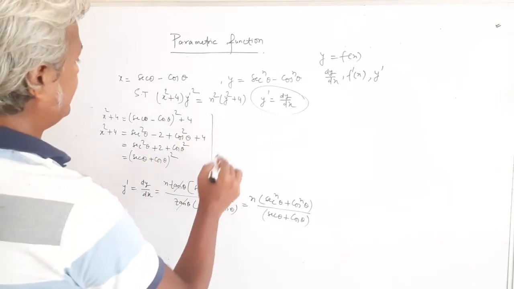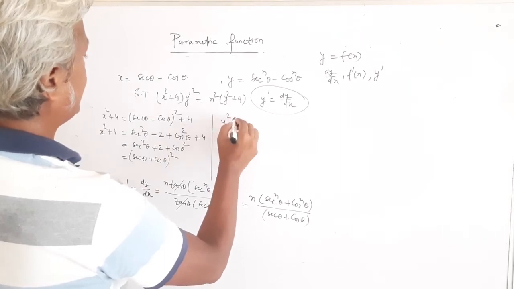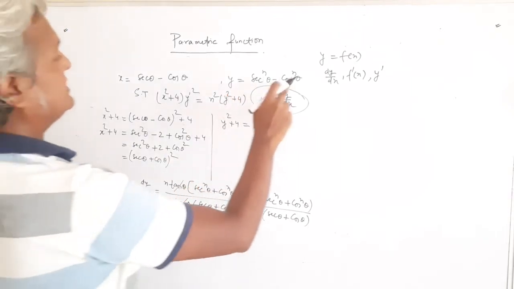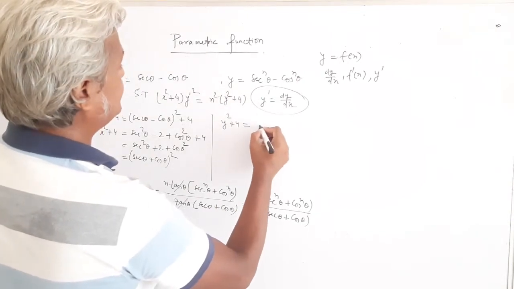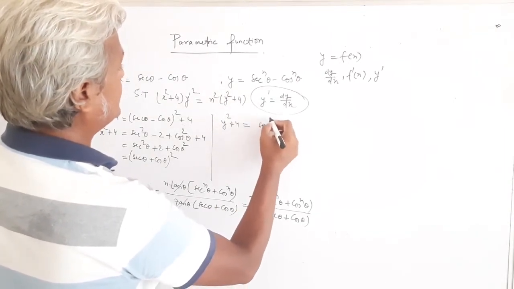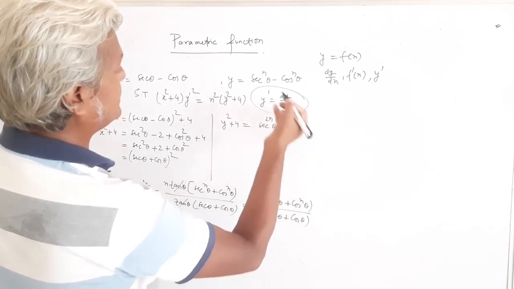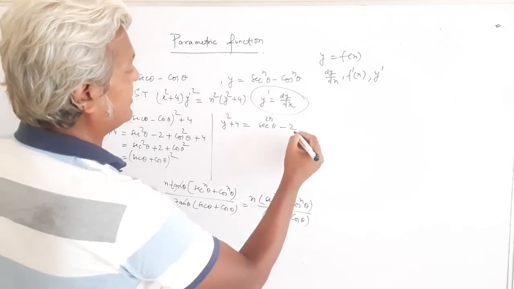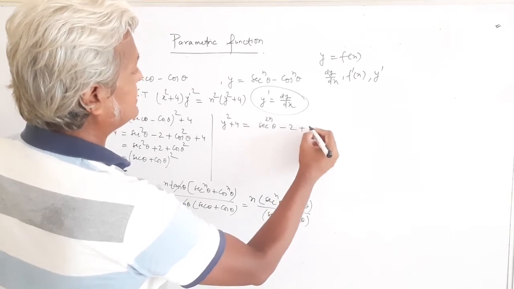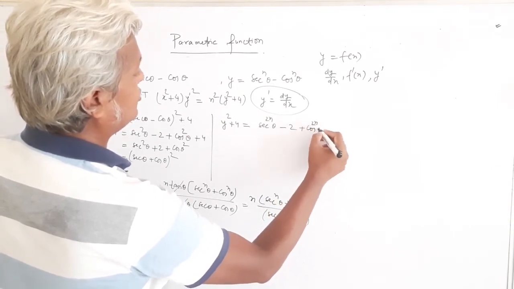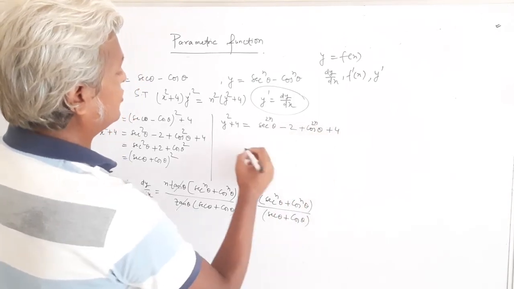Now in the same way, if I find y square plus 4, what do you get? This square: sec to the power 2n theta minus 2ab, that is 2 because one is the reciprocal of the other, plus cos to the power 2n theta plus 4.